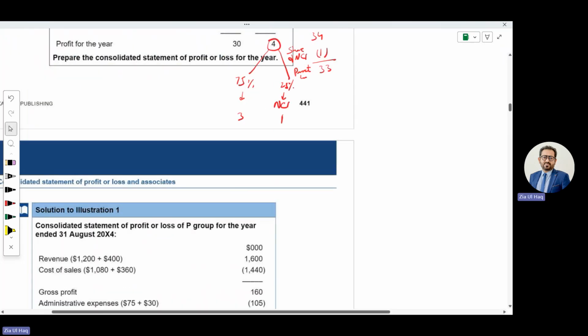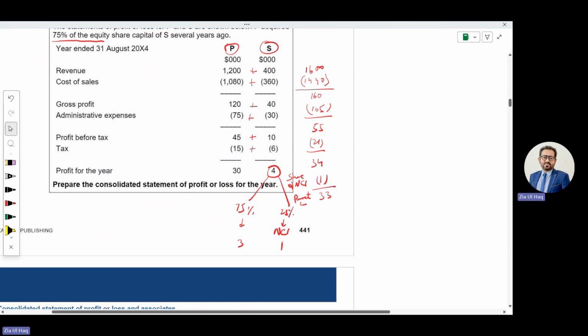So we say this is group profit instead of parent, or profit attributable to group. We deduct profit attributable to non-controlling interest and arrive at profit attributable to group.